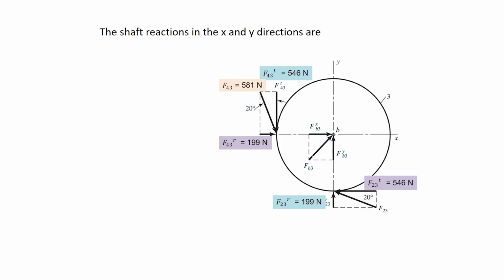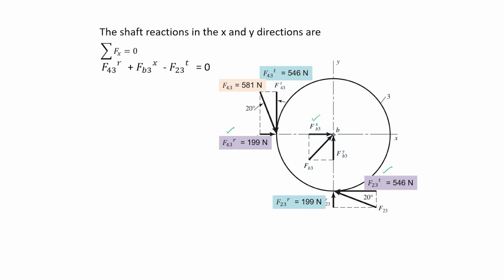The total shaft reaction is FB3 on the idler, and its component along y is FB3y, and along x is FB3x. Now, the summation of forces along the x direction should be 0 for this free body diagram, and the forces acting along the x direction are F43 radial, F23 tangential and FB3x.